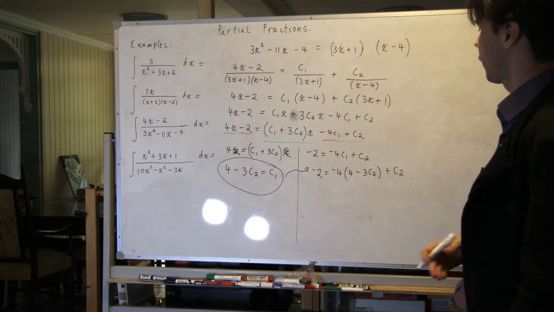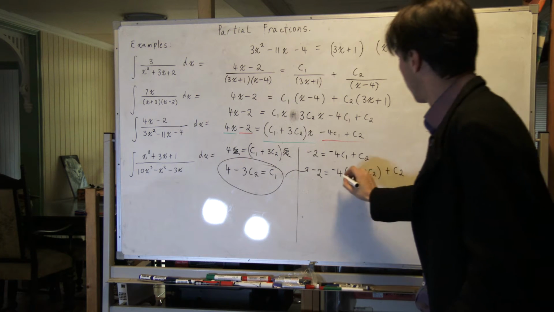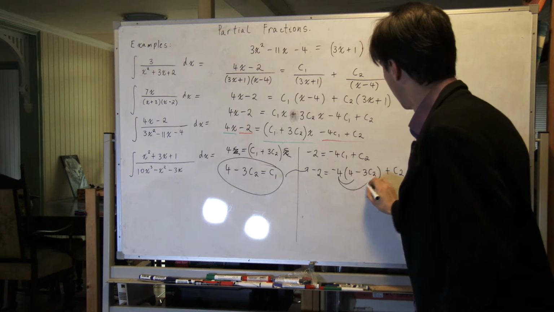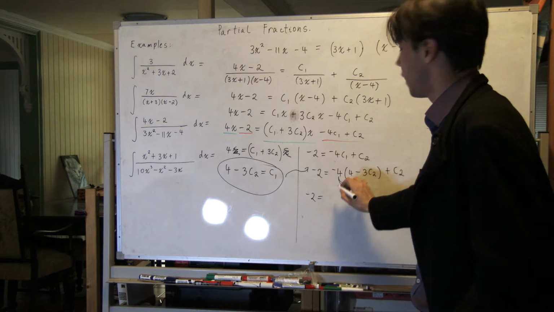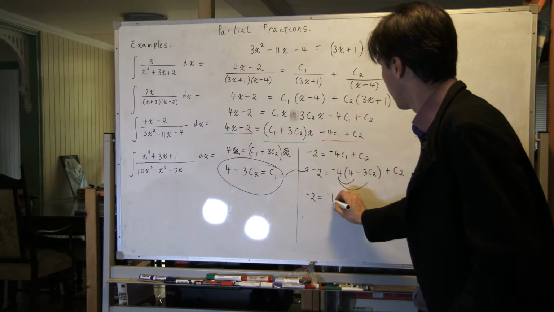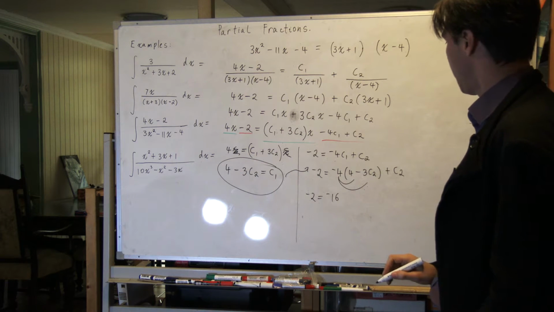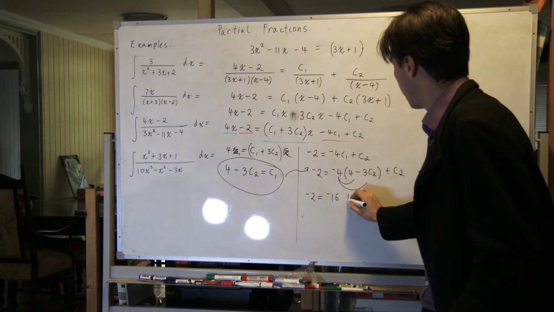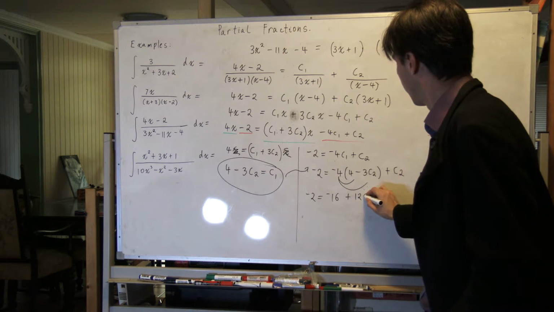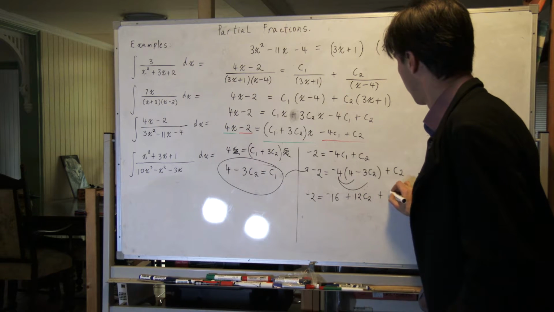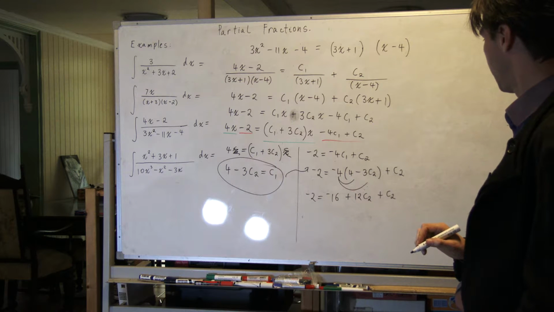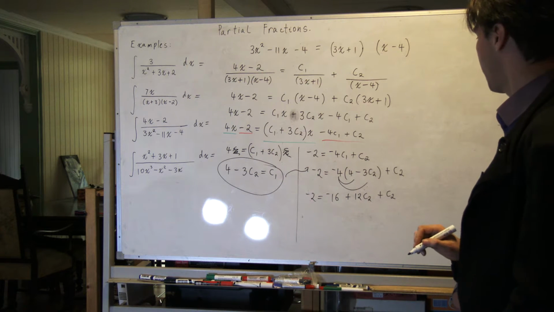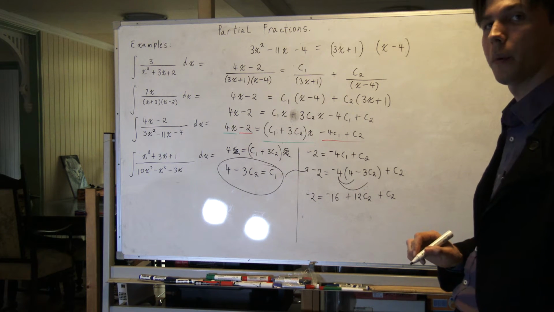Okay, well, brackets. Let's expand the brackets. So negative 4 times 4 makes negative 16. Negative 4 times negative 3 makes positive 12. Now I'm going to add 16 to both sides.